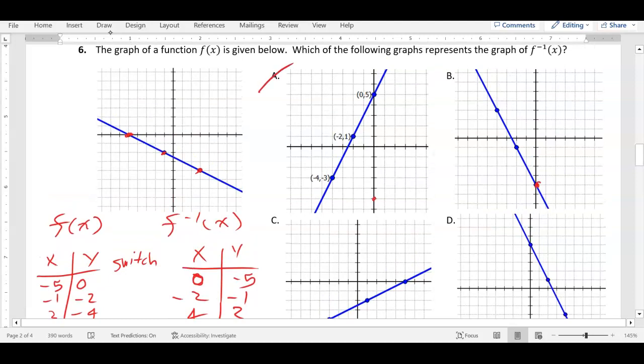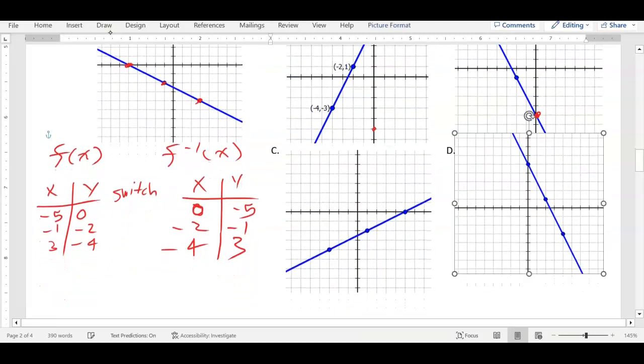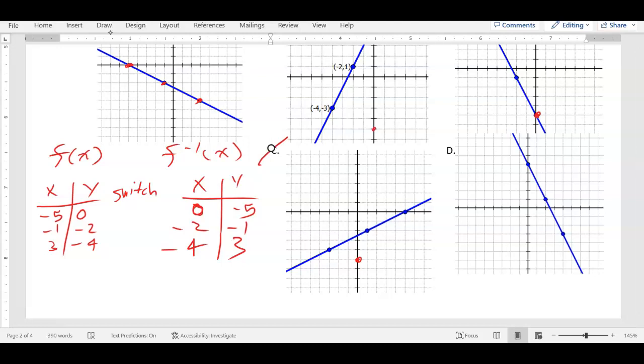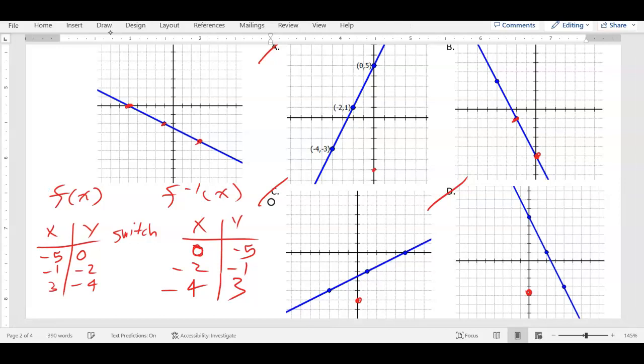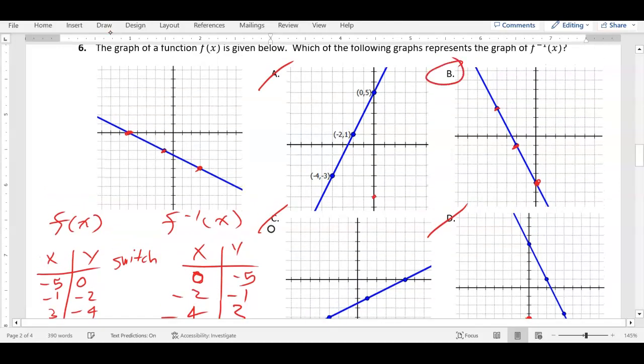Okay, maybe B. No. Okay, let's get back to C. -2, -1. Yep. And then -4, 3. Yep. So our best answer is B.